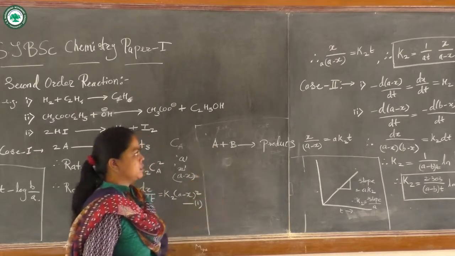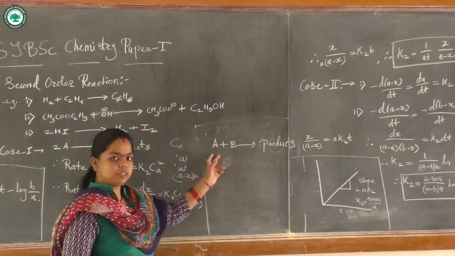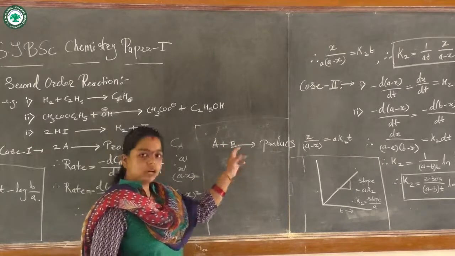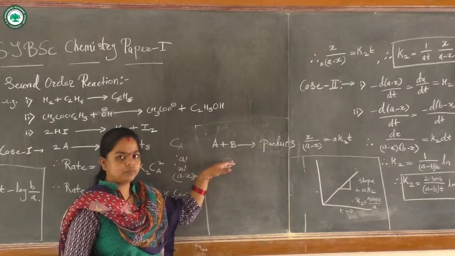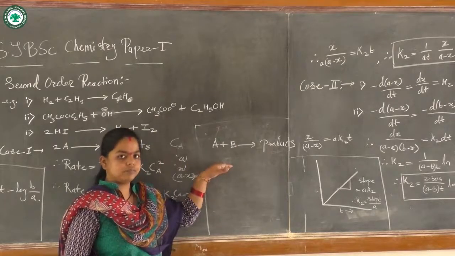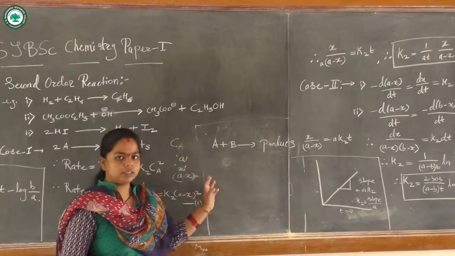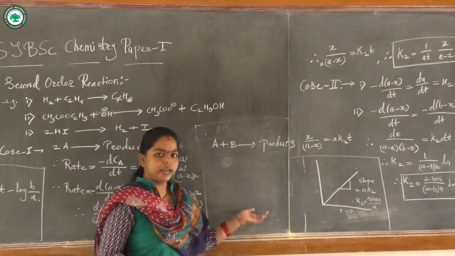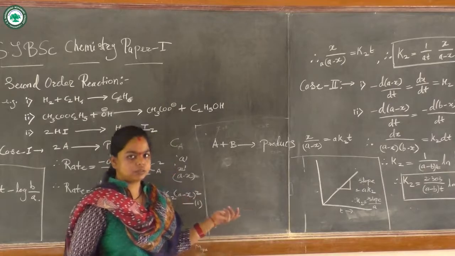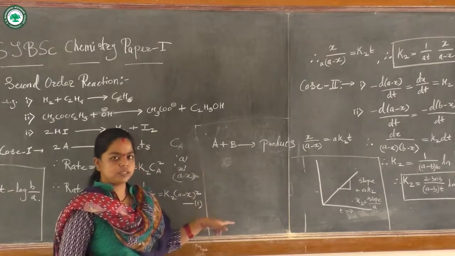In that case, again further two cases can be considered for this two reactant reaction. Case first, when the two reactants have the similar initial concentration, and case second, when they have different initial concentration.